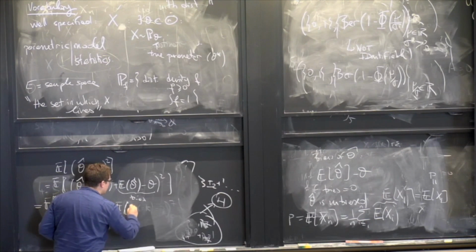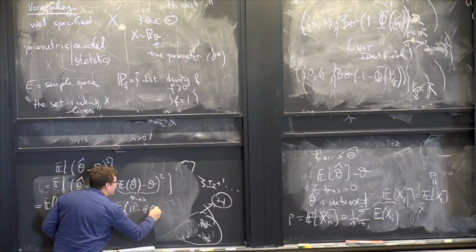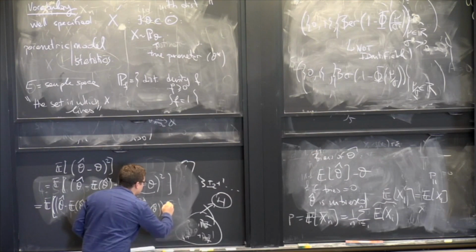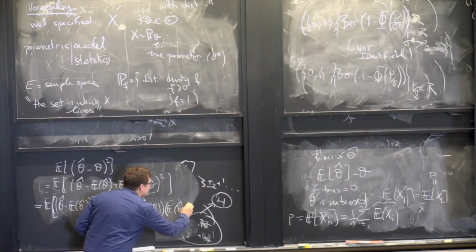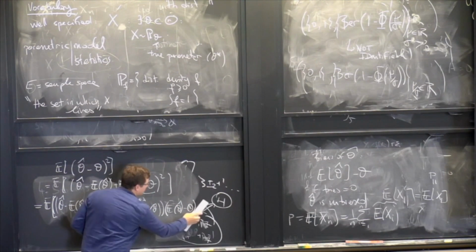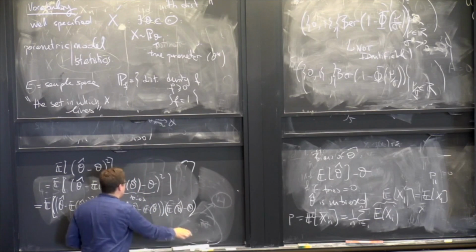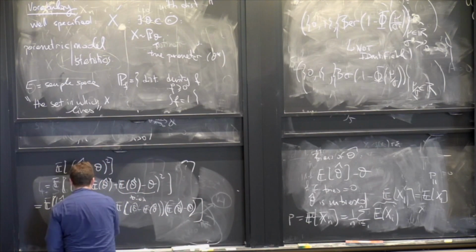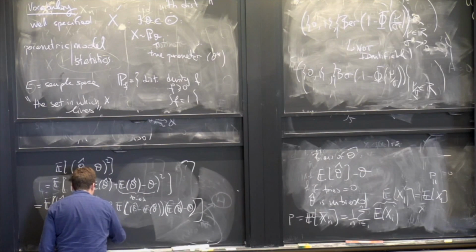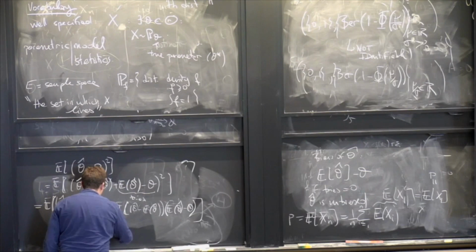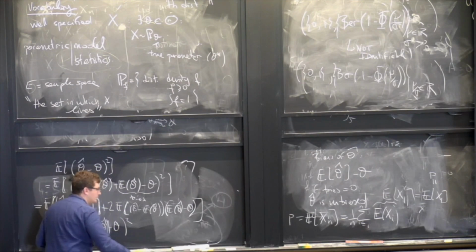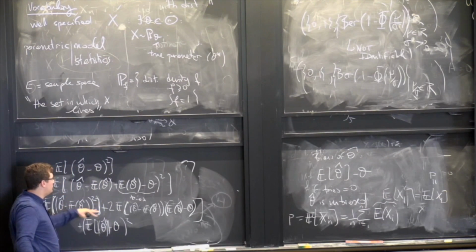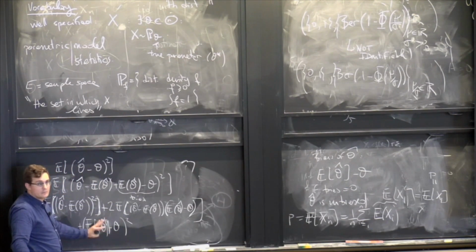Expectation of theta hat minus expectation of theta hat times expectation of theta hat minus theta. And then I have the last square: expectation of theta hat minus theta squared. Okay? So square, cross product, square. Everybody's with me?